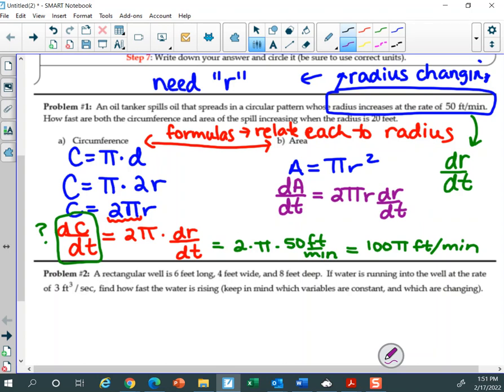Yeah, very good. The derivative of r squared is 2r. Pi is a constant, so pi is going along for the ride. So when I take the derivative, like if I take the derivative of 3x squared, it's 6x. So if I take the derivative of pi r squared, it's 2 pi r. But we're taking the derivative with respect to time, and so there's the dr/dt.